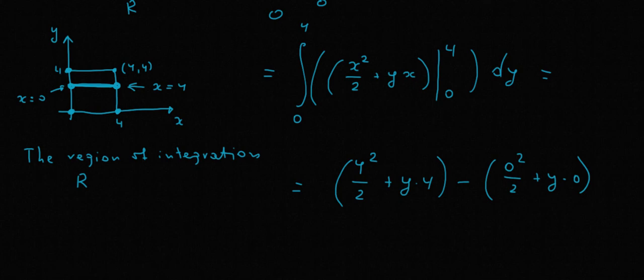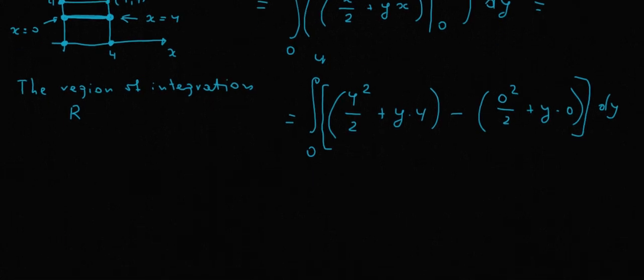That second term is 0, so we're really subtracting 0. Let me simplify the function that we're integrating. In terms of y, I get 4 squared over 2, that's 8, plus 4y.